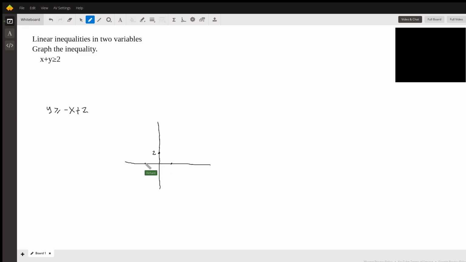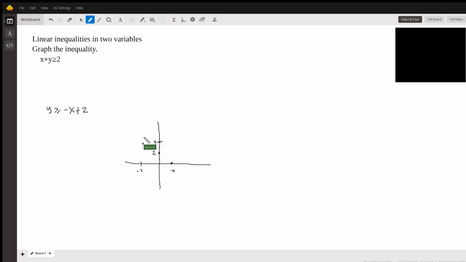If I wanted a point over here, when x is negative 2, y is going to be 4. Here's negative 2, here's 2, this is 4 here. And we're going to get a line that looks like this.